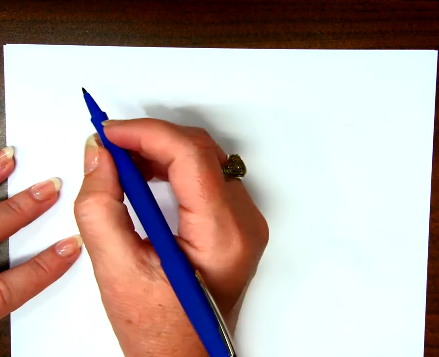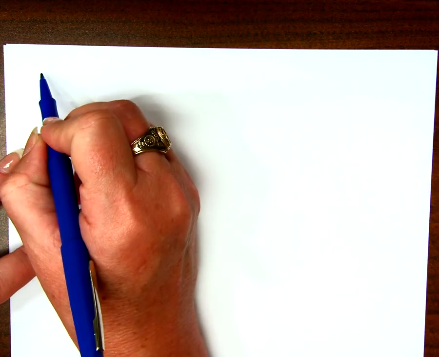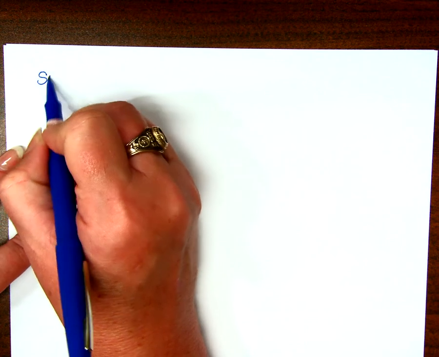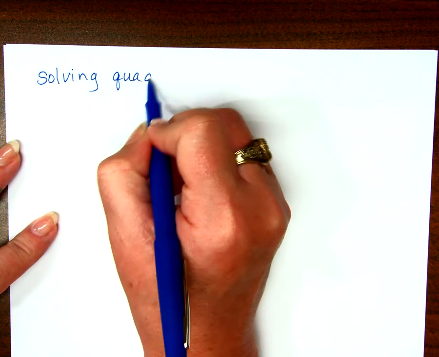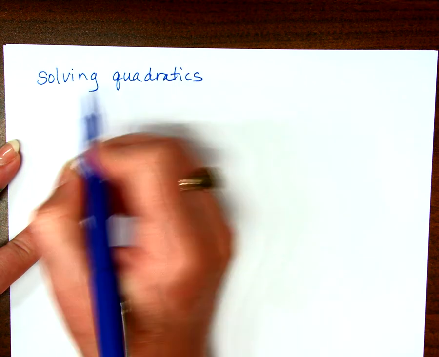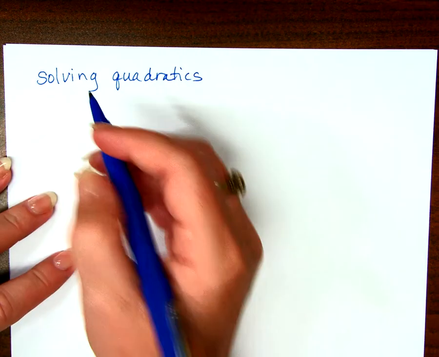So today we're going to talk, since we took all the individual days last week to do the little bitty parts, today we actually get to start using those. And we're going to talk about solving quadratics. Okay? We're going to solve quadratics today three different ways.